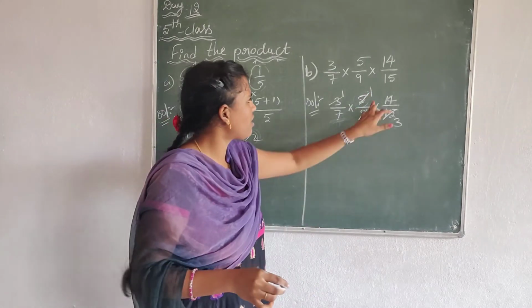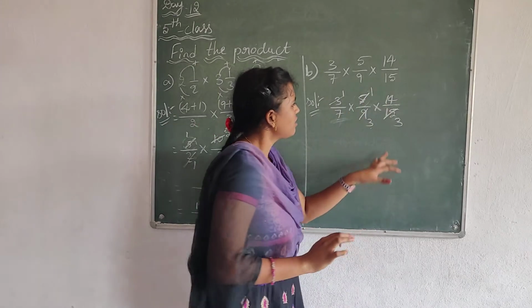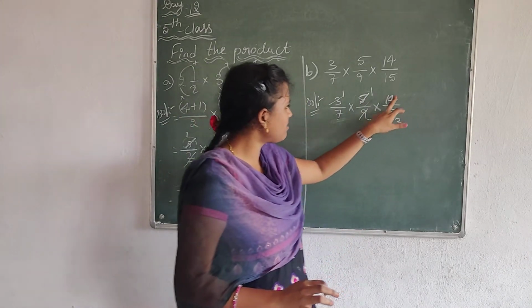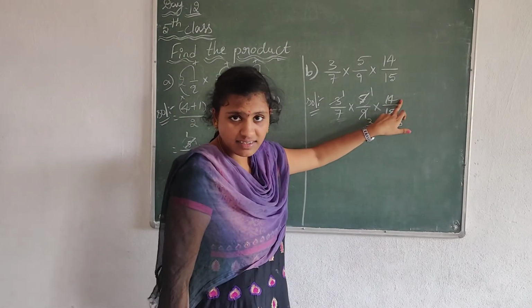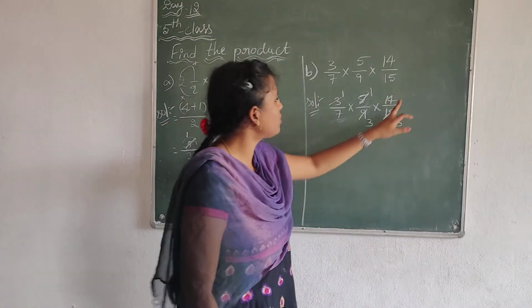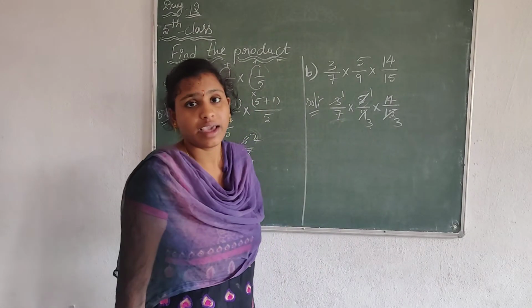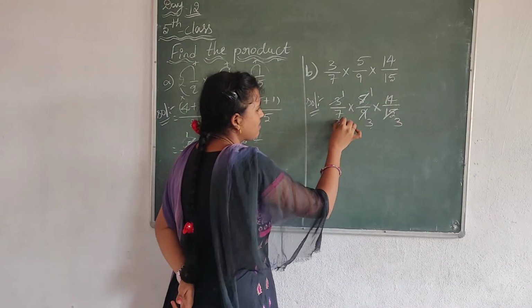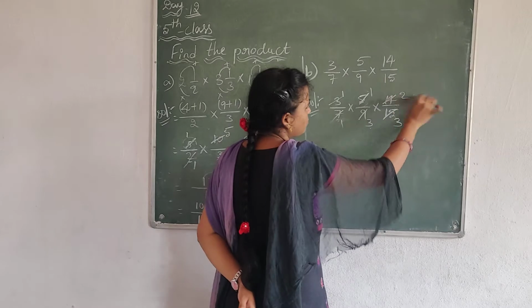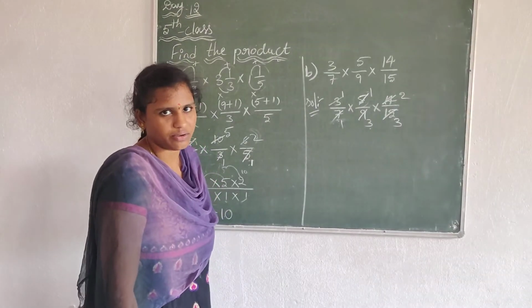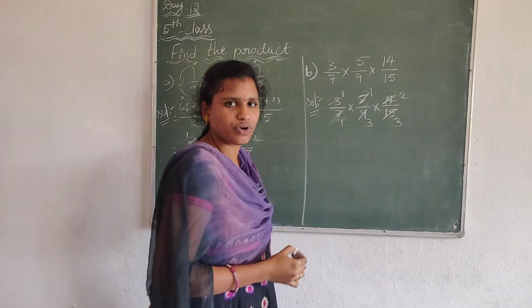Now I mentioned here 1. See, 14 is cancelled in the 7 table? Yes. 14 is cancelled by the 7 table: 7 1s is 7, 7 2s is 14.